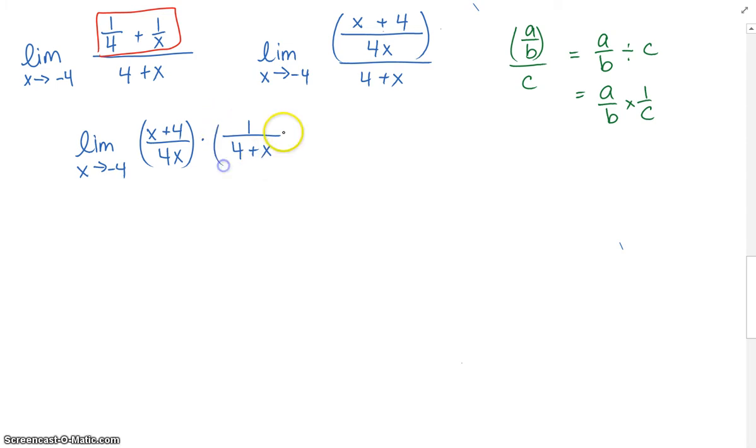There we go. You can now see that this cancels out quite nicely, and then we are left with just the limit as x approaches -4 of 1 over 4x, which we can evaluate to be 1 over -16.